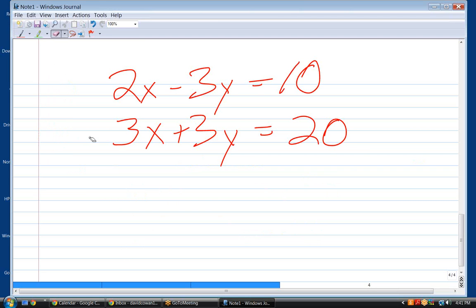Now, let's just, for example, say I make this a little bit of a tougher problem by doing that. Now, I cannot add these two equations or subtract them and eliminate a variable. Okay.